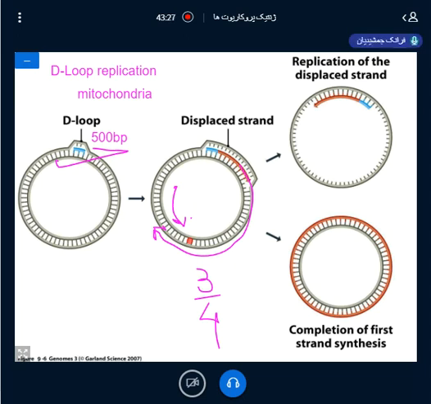Why mother, Fatima? Do you think mother gives more genes to children? No.